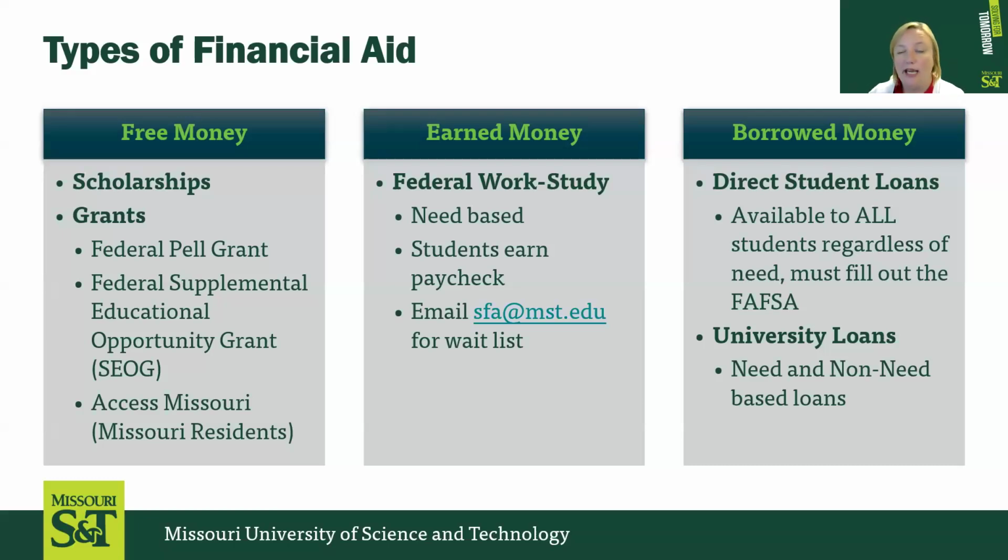Typically, students will work 10 to 20 hours a week on work study, and they usually start out at minimum wage, but as they move along, they may earn raises to earn more money per paycheck. Now, if a student was eligible, we would have offered it at the time that we've offered federal aid.